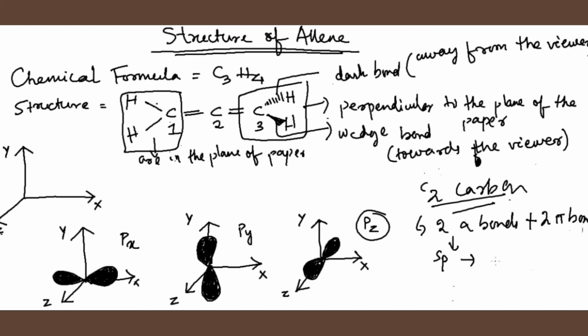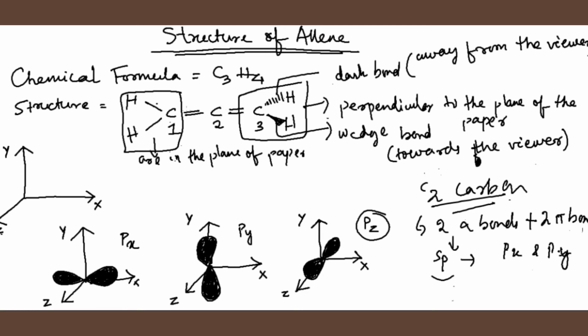Now we have to see which p orbital is involved in this hybridization. We already have seen that C2 carbon has utilized its pz orbital in pi bond formation with the C1 carbon. So now we can't consider the pz orbital anymore. So we are left with px and py for the hybridization to be considered.